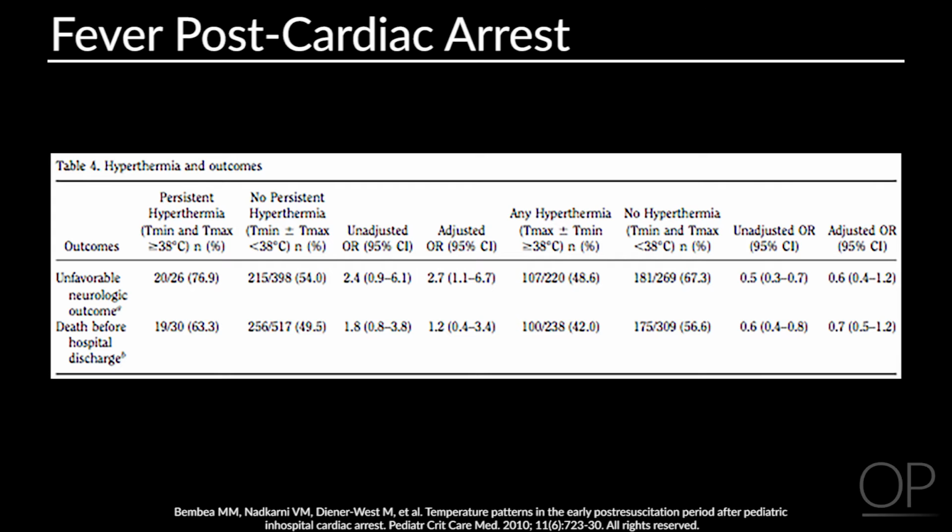What they found in these children was that after adjusting for potential confounders by multivariate logistic regression, persistent fever in the first 24 hours after cardiac arrest was associated with unfavorable neurologic outcome, but it was not associated with an increased likelihood of death. No change in survival, but clearly patients that survived ended up having a worsened neurologic outcome.